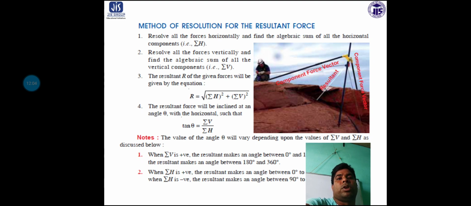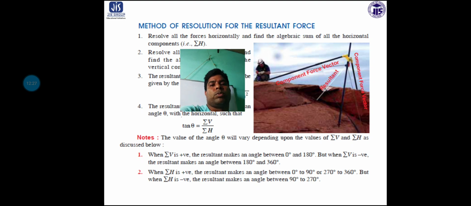Now the next point, the resultant force R of the given forces will be given as R is equal to root of summation of H square plus summation of V square. The resultant force is at an inclined angle, so tan theta is equal to summation of V by summation of H.